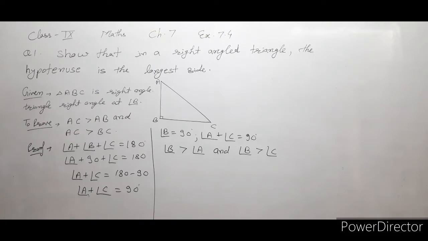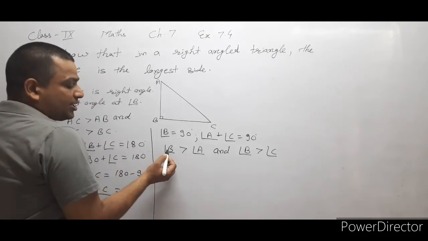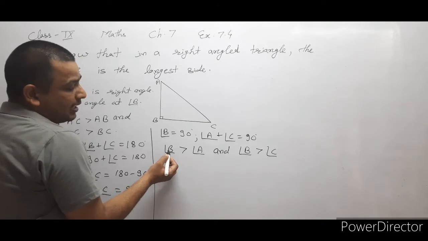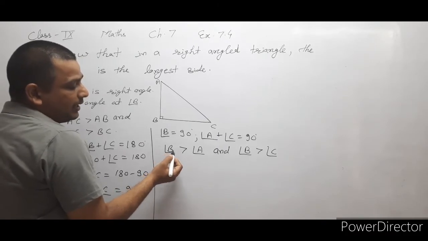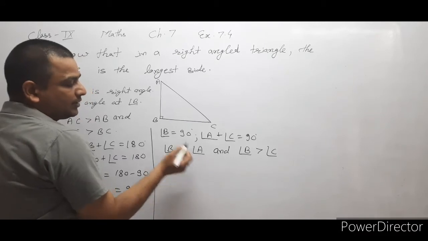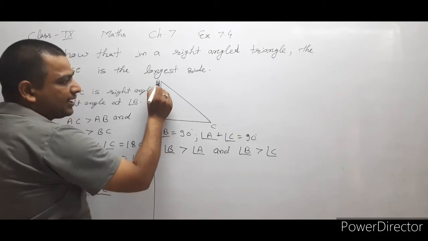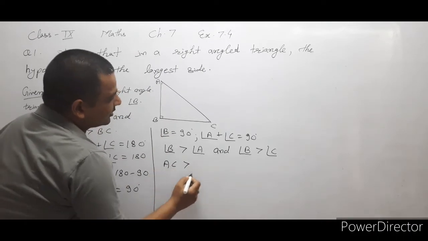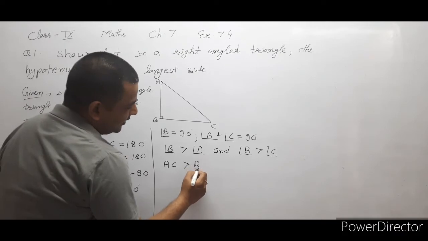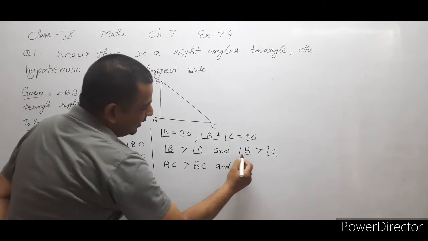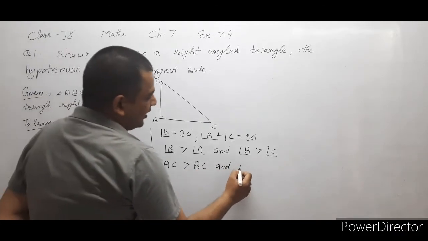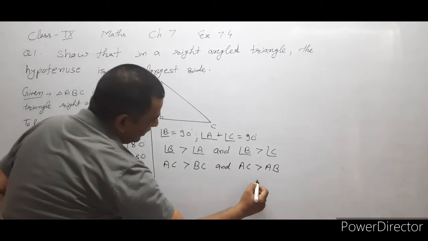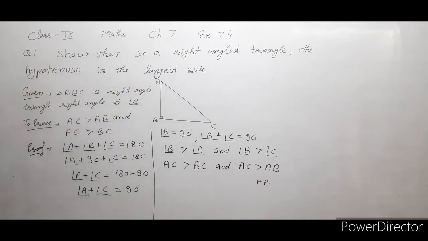As we studied, the opposite side of the greatest angle is always longest, and of the smallest is smaller. That means if angle B is greater than angle A, then AC is greater than BC, and by this we can write AC is greater than AB, which is our proof in this question.